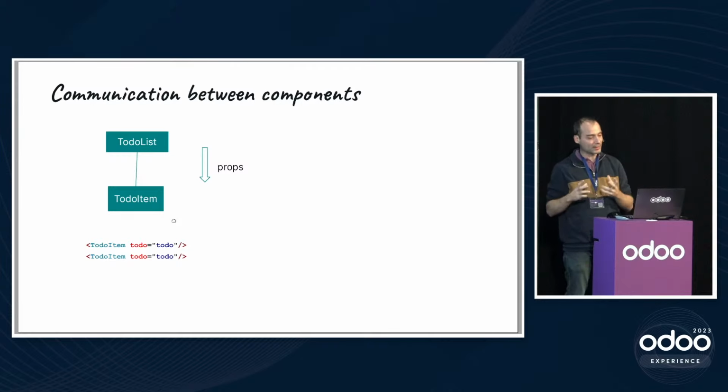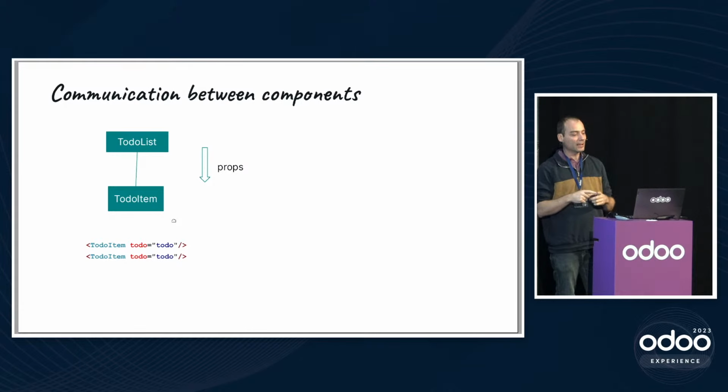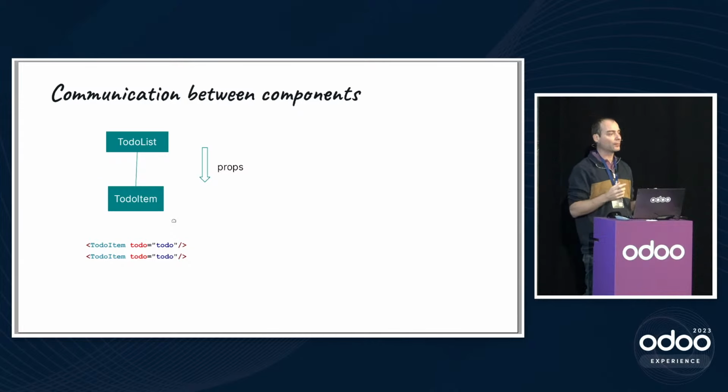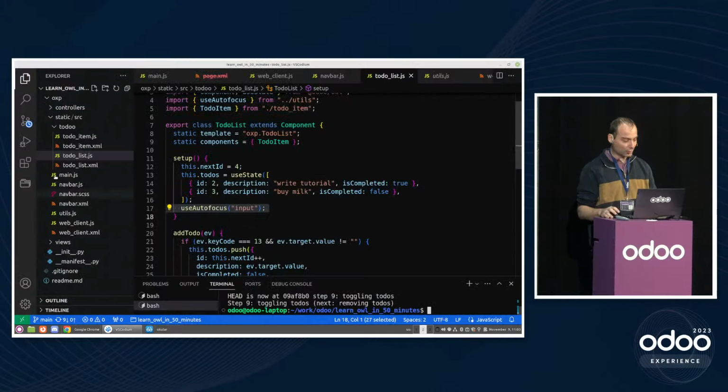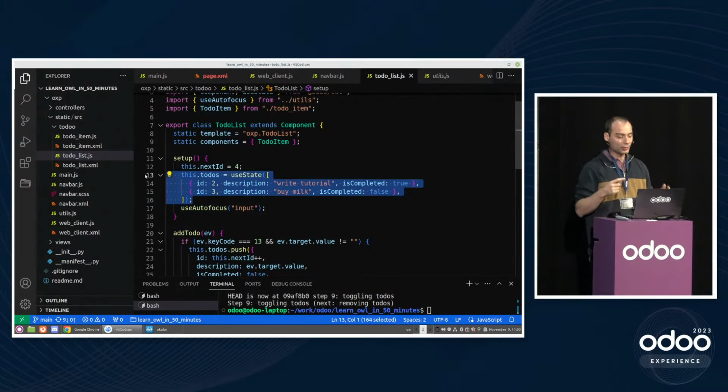Of course, we could change the state inside the to-do item itself, but it doesn't feel good because usually a good rule of thumb is that if some component owns some state, and that's the case for the to-do list, the to-do list manages this list of to-dos, the to-do list component is the owner of that state. So we don't really want to modify that state behind its back. We want to notify the component that its state has changed and something should be updated.